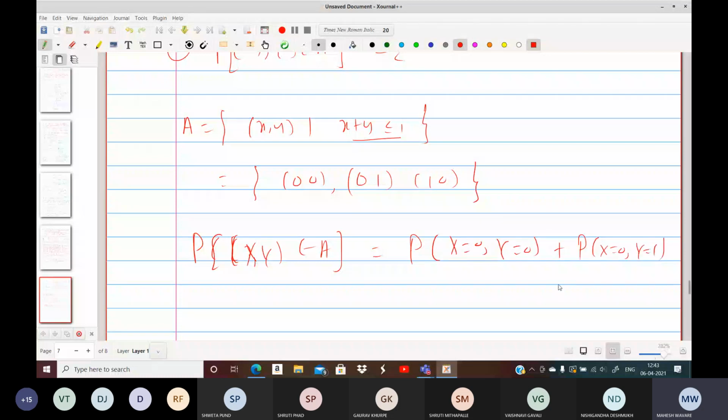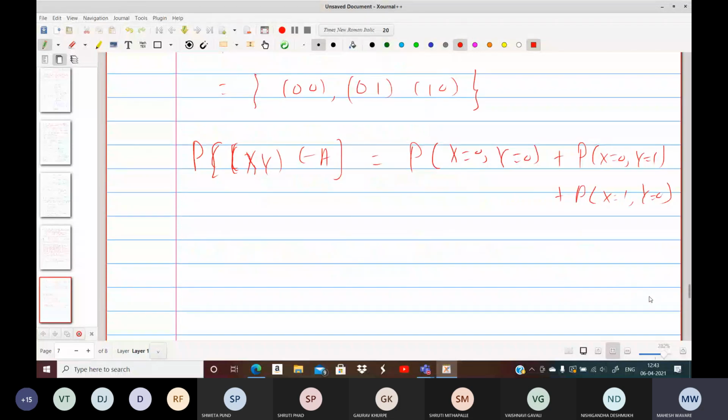So this comes with the calculation: 3 upon 28 for f of 0, 0. f of 0, 1 is 3 by 14, which means 6 by 28, and f of 1, 0 is 9 by 28. So 6 plus 3 is 9, 9 plus 9 is 18, 18 by 28 means 9 by 14. So this is the probability for A.